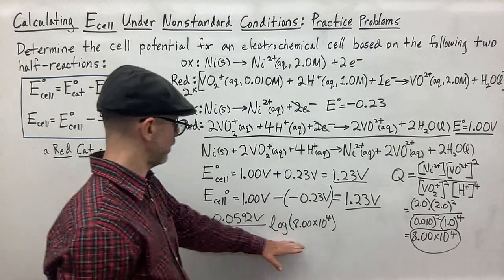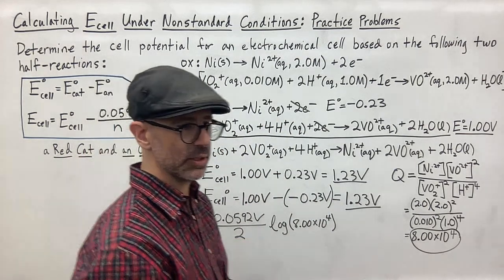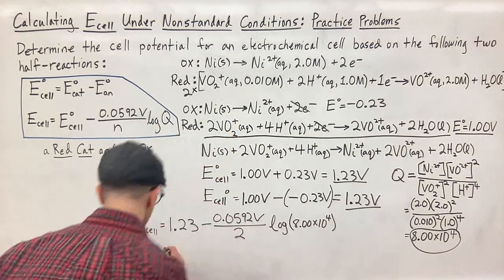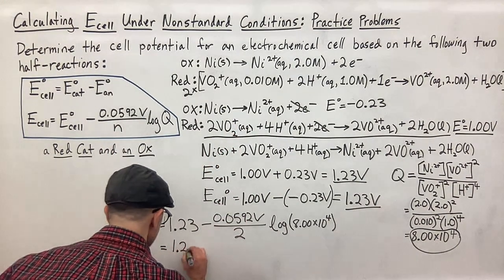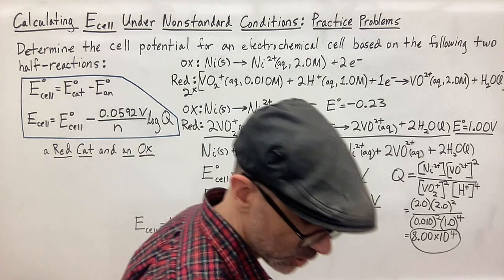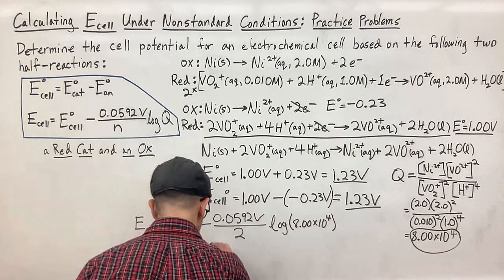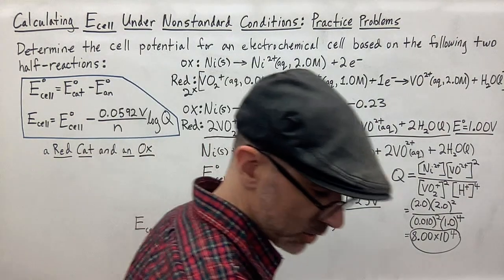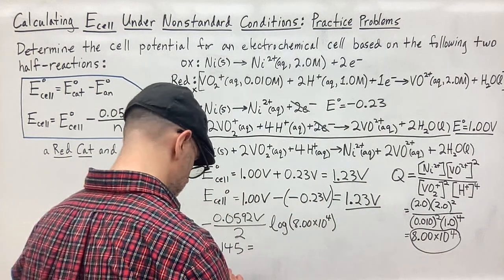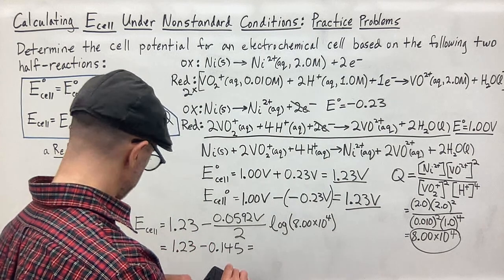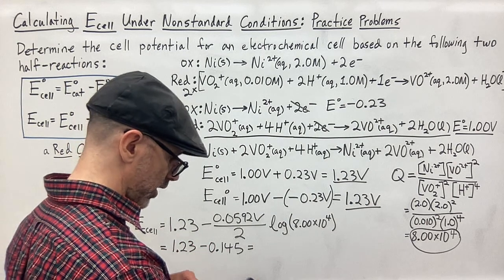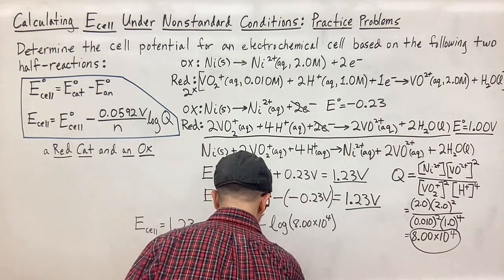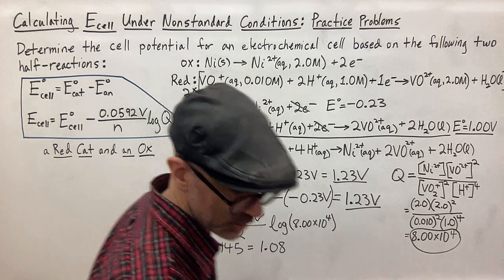So now all we need to do is calculate this out, and we get 1.23 minus 0.145, and that's going to give us 1.084.